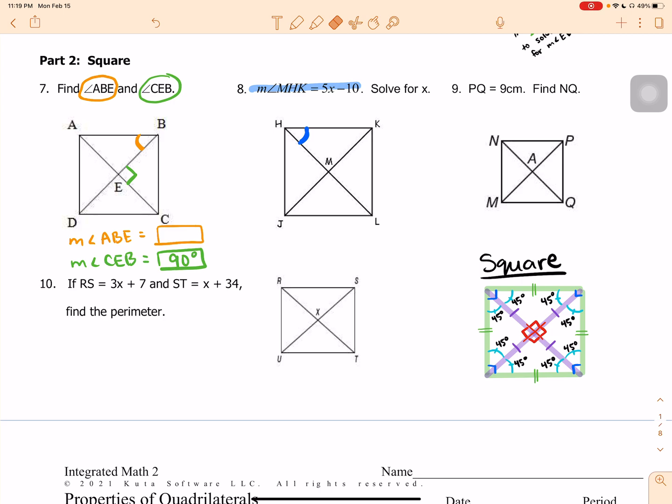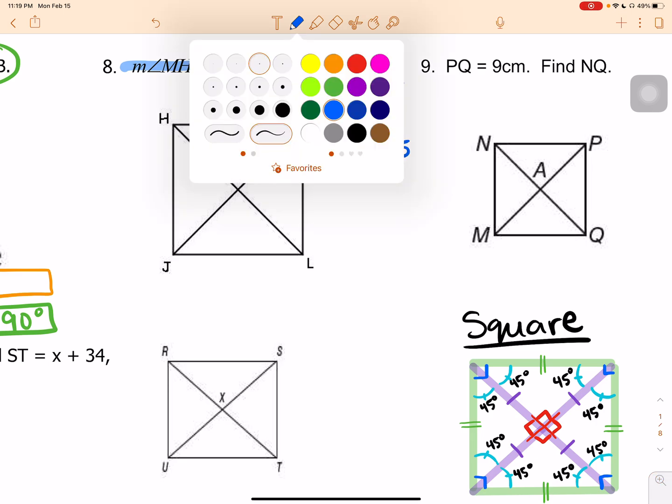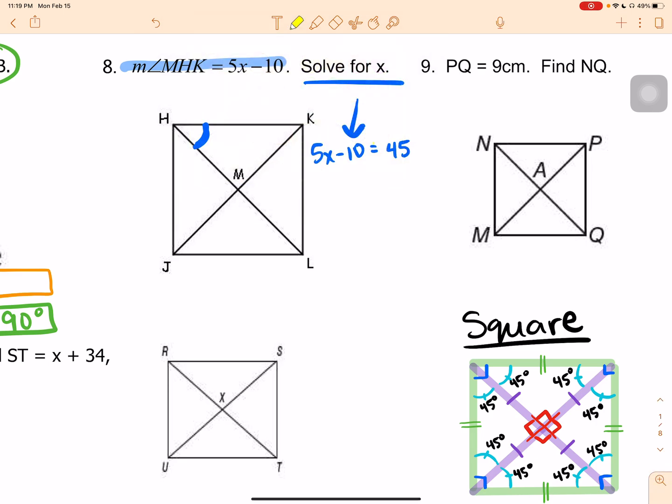If you look down below here, each of those that are bisected by the diagonals are 45 degrees. So to solve for x, you can write 5x minus 10 equals 45 degrees. And I know that you guys are more than capable of solving for x there. So go ahead and solve for x, and then that problem is all done. It does not ask you anything else besides to solve for x.